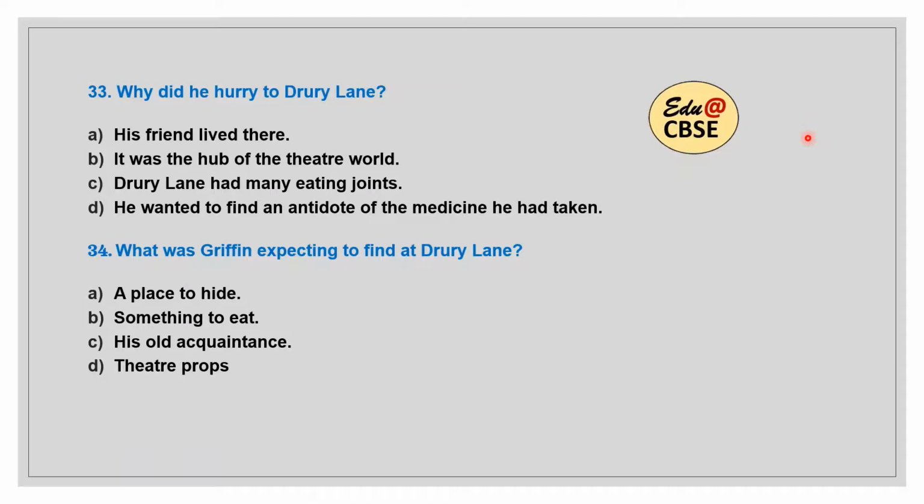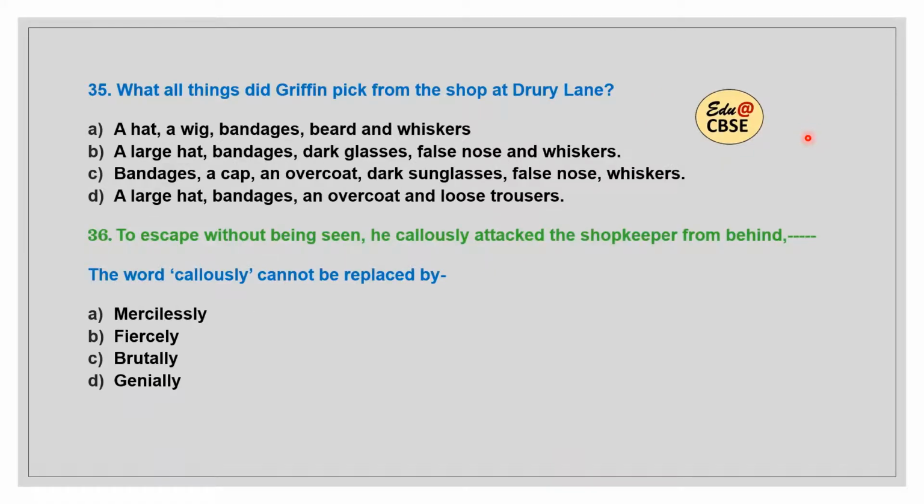So extract based question. Why did he hurry to Drury Lane? Next one. What was Griffin expecting to find at Drury Lane? What all things did Griffin pick from the shop at Drury Lane? 36th.